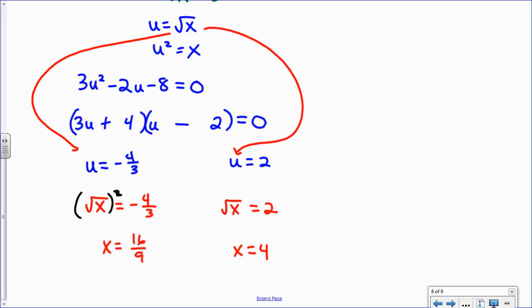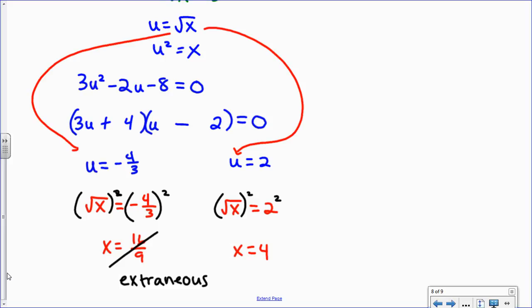Did this have radicals in it? Yes, so you have to check. And when you check, you find that this is extraneous. You could actually tell it's going to be extraneous from right here, because when you take the square root, the radical's already there for you.